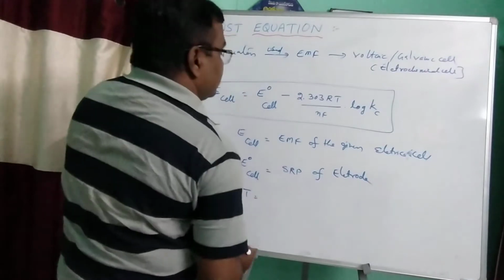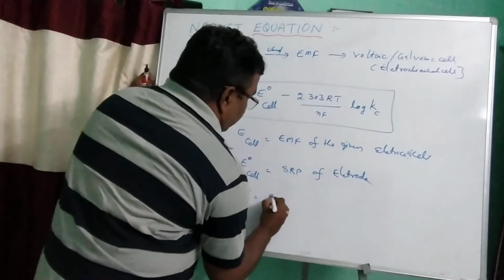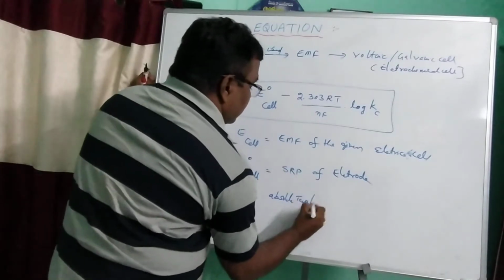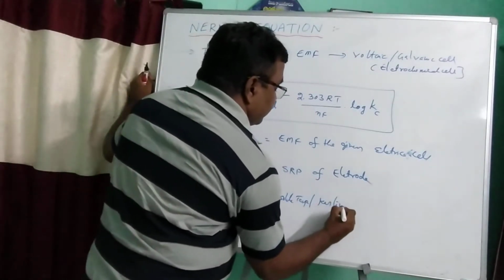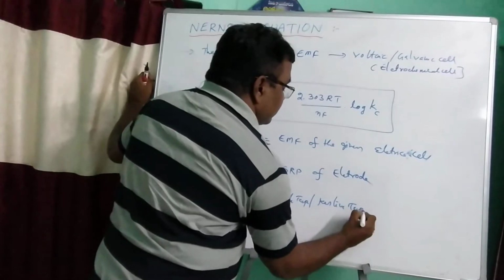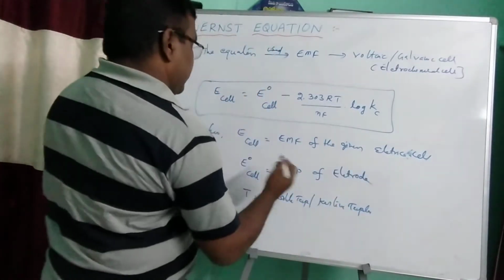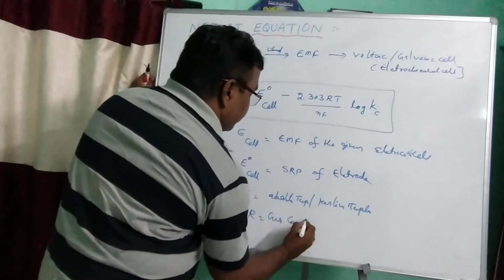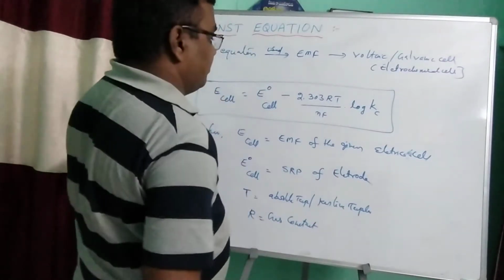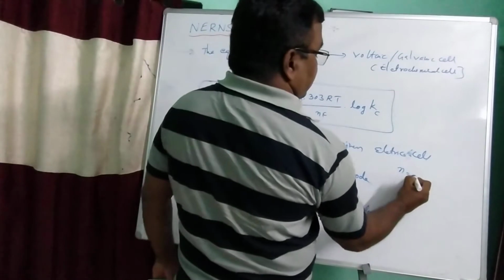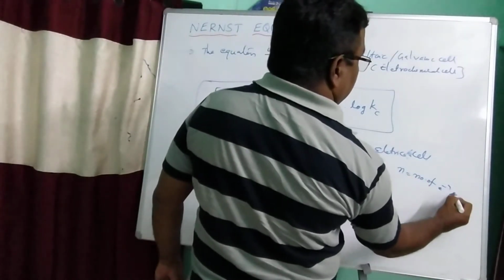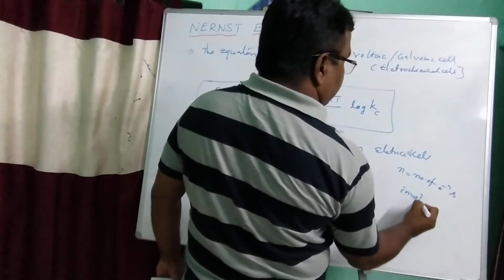T is equal to absolute temperature or Kelvin temperature. R is equal to the gas constant. N is equal to the number of electrons involved in the reaction.